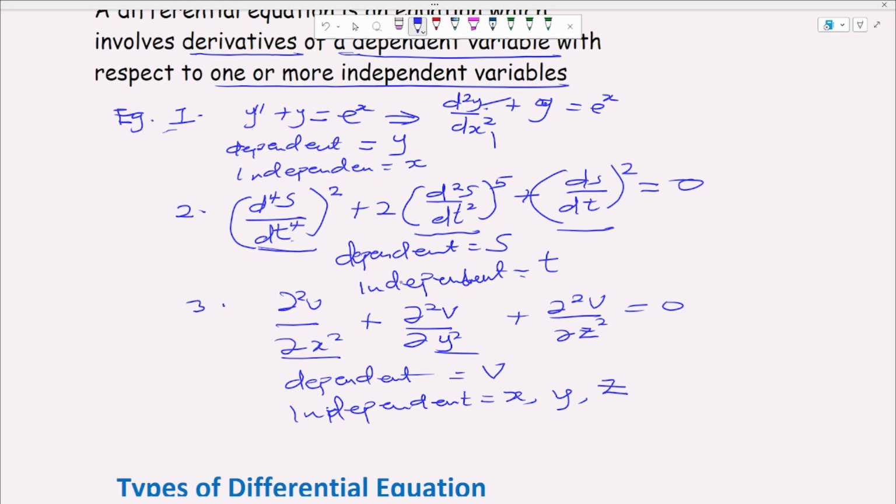So we are saying it is with respect to one or more independent variables. So you can see that we have one dependent variable and then more than one independent variable. So you take notes.